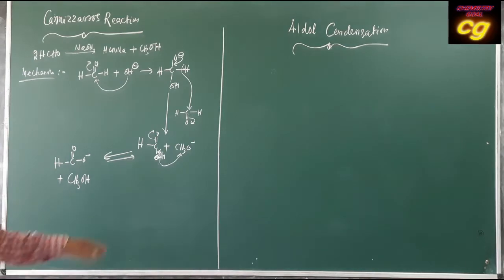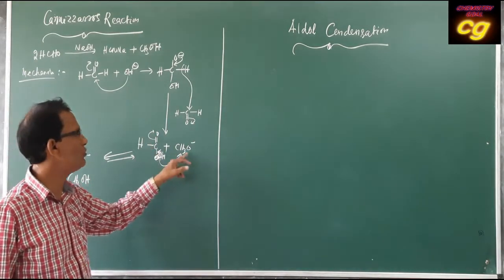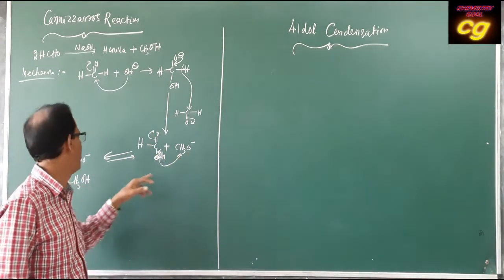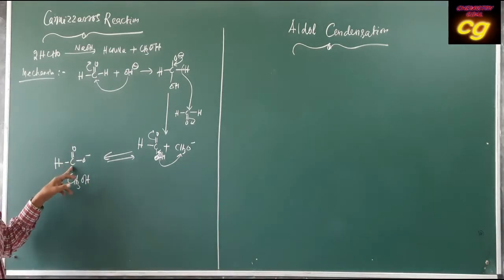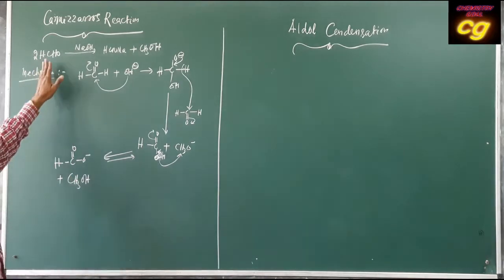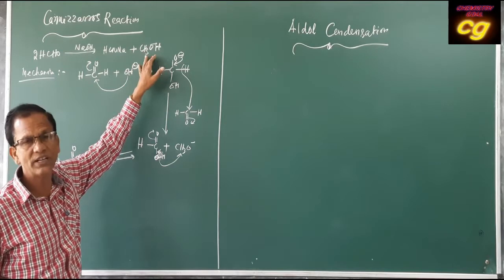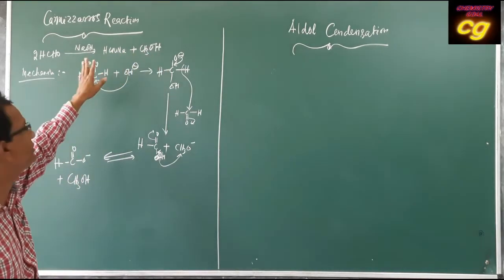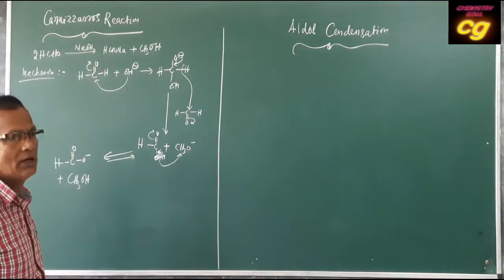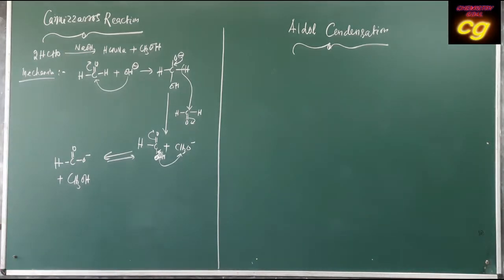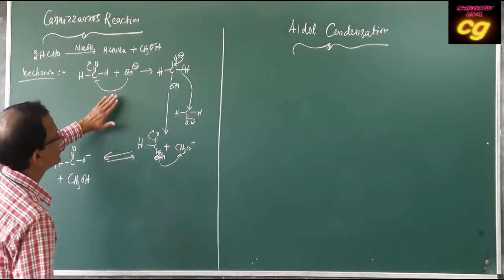Transfer of proton from acid to alkoxide, forming alcohol and the carboxylate ion. So this is the formation of acid and alcohol from aldehyde. That is called self-oxidation reduction. That's why it is also called a disproportionation reaction.